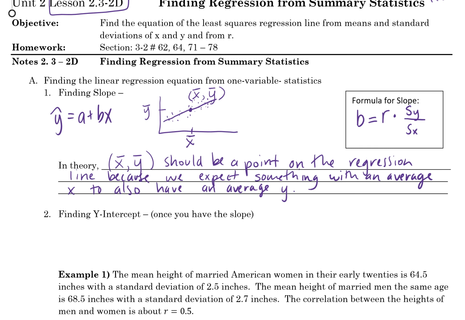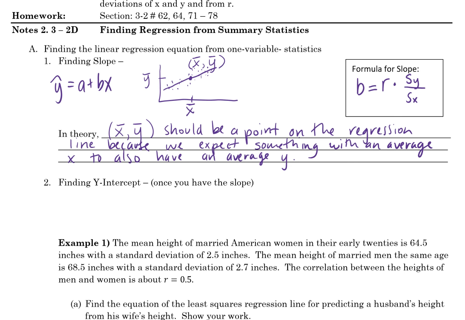So first of all, we have a formula for slope. And then once we find the slope, we can find the y-intercept. All of this is going to make a lot more sense when we look at an example, but just go with me here so that you have instructions for what to do.